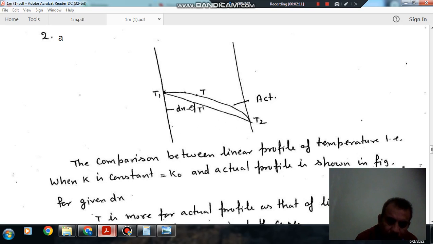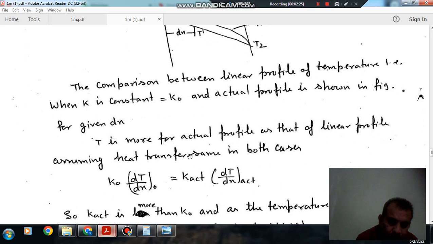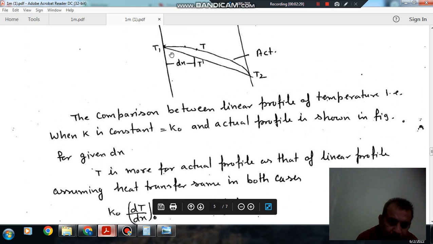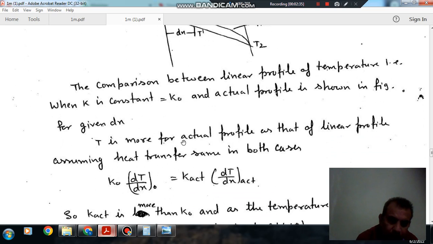So we can see that the temperature at the actual profile is more than this T dash. So dT by dx is less for the actual profile, and dT dash by dx is more for the linear profile.